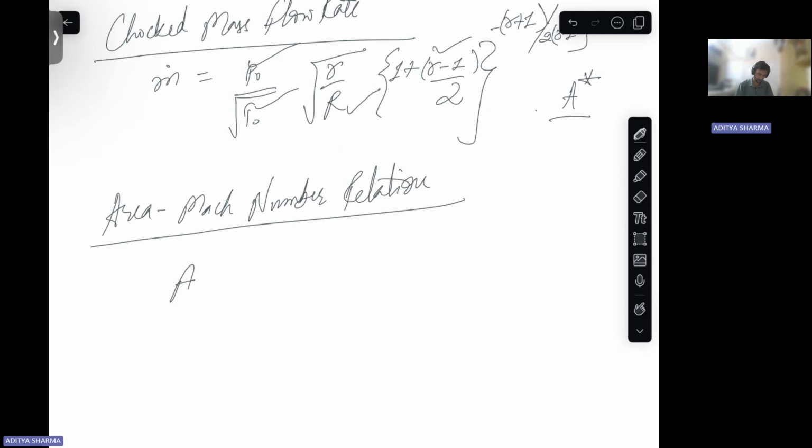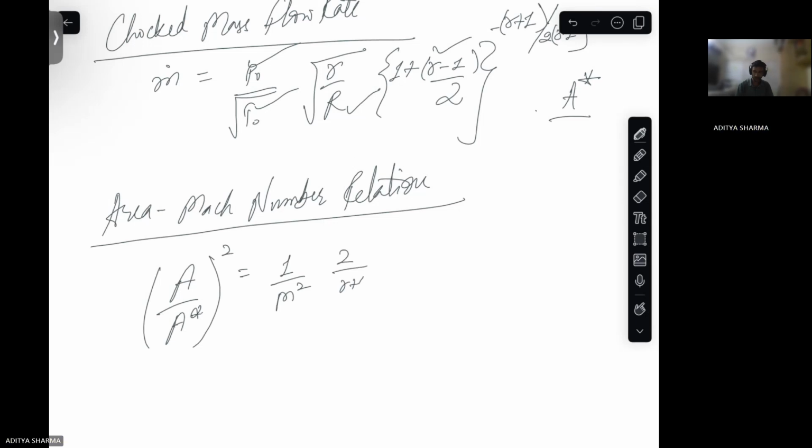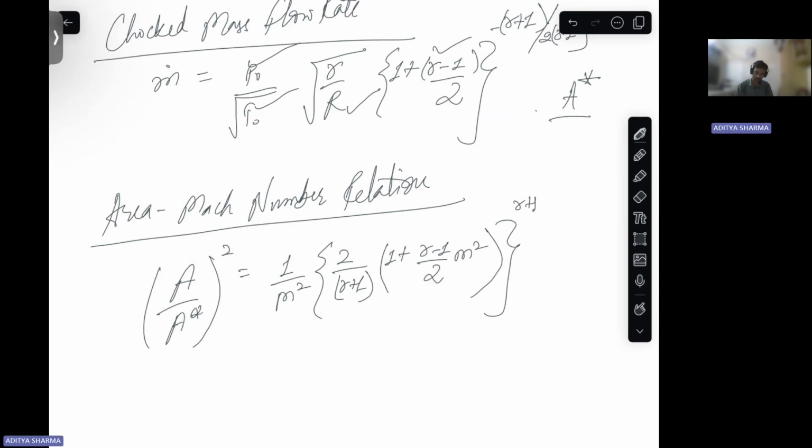So this is A by A star, whole square, equals 1 by M square, times 2 by gamma plus 1, times 1 plus gamma minus 1 by 2 M square, to the power gamma plus 1 by gamma minus 1.